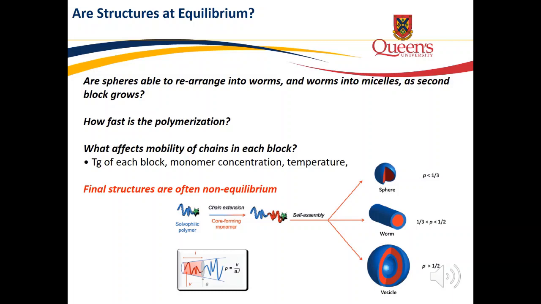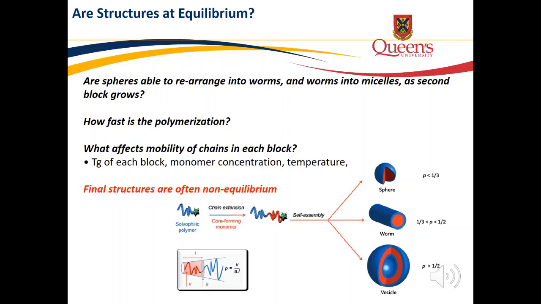Remember, as the second block grows, the thermodynamically preferred configuration can change. If you have chains that are flexible, they're mobile, and they're able to rearrange themselves as the second block grows, then you may retain an equilibrium conformation throughout the process.